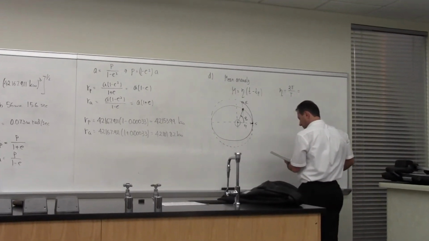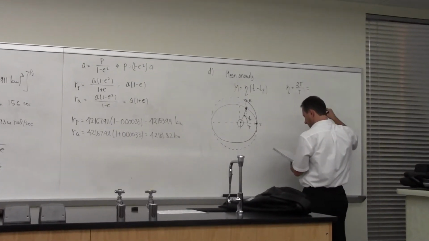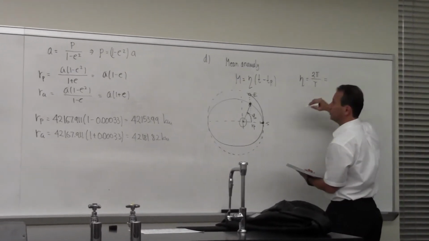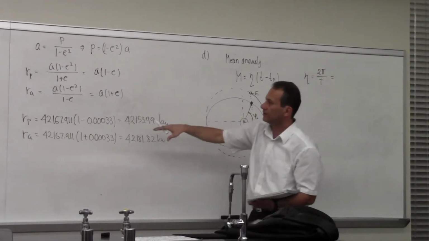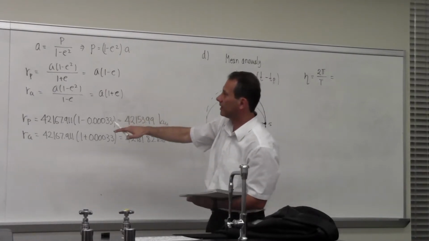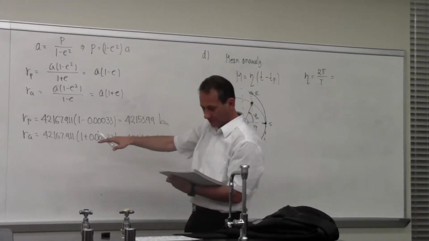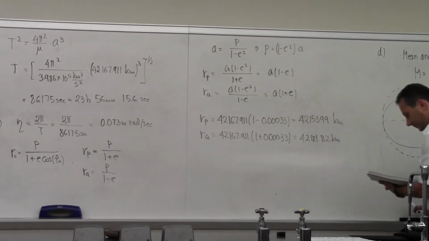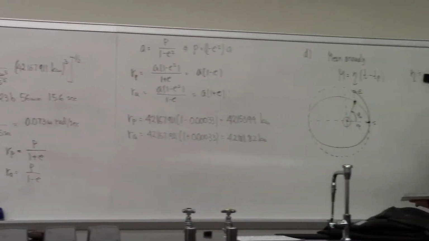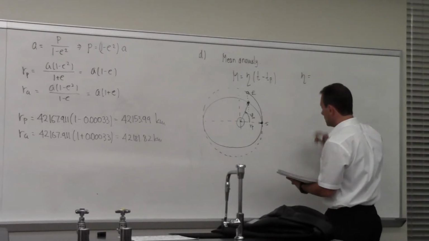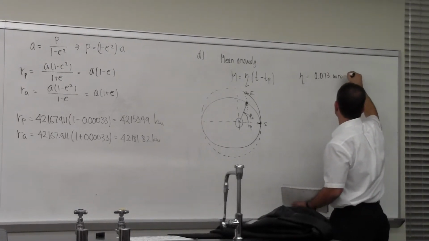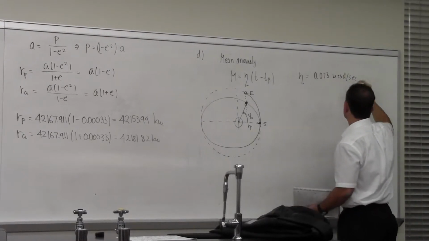In our case, I don't have to calculate it, because we found nu in part B. Just say, I know nu, it's 0.073 milliradians per second.